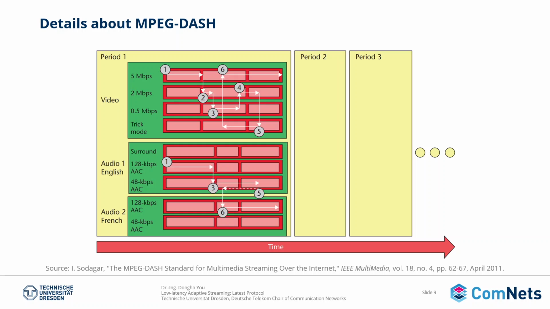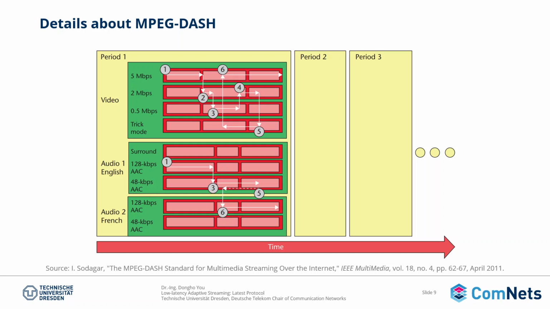Then how many representations for audio 1? There are 3 representation blocks: the surround, 128 kbps, and 48 kbps. Yeah, good.